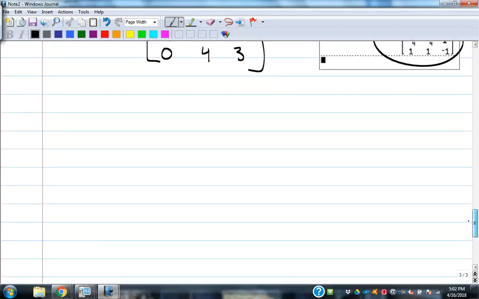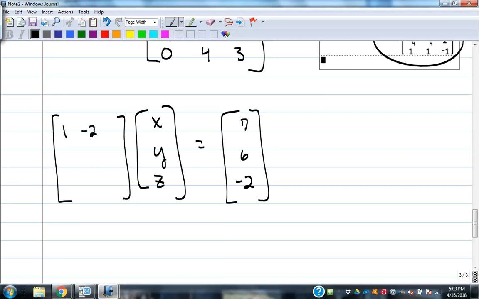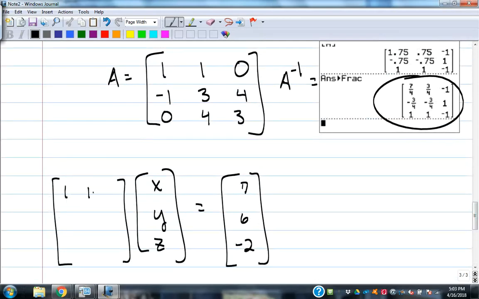Now, what Dakota was saying is that if you had a matrix A times a variable, and it might be equal to some numbers like 7, 6, -2, this matrix might have some numbers in it, something like our matrix that we've got here: 1, 1, 0, -1, 3, 4, 0, 4, 3.